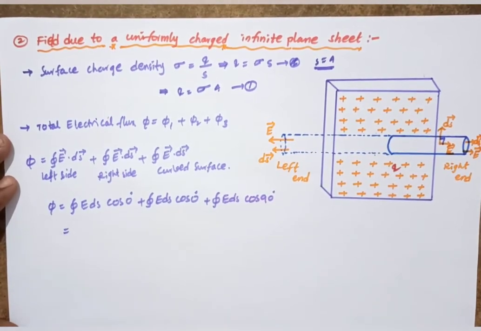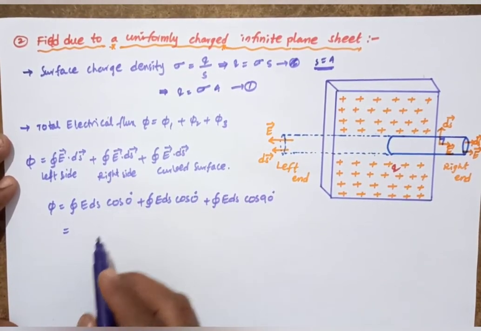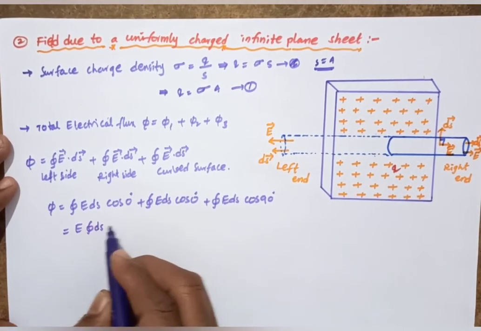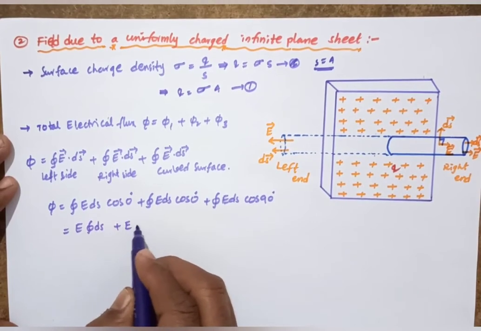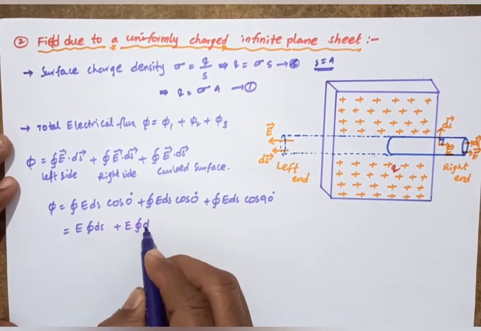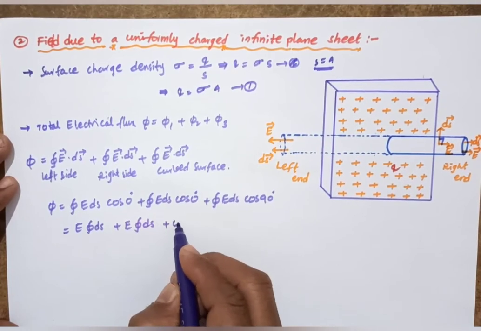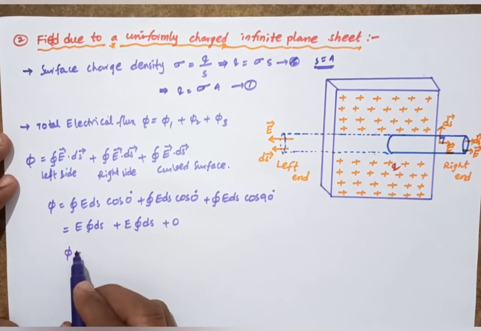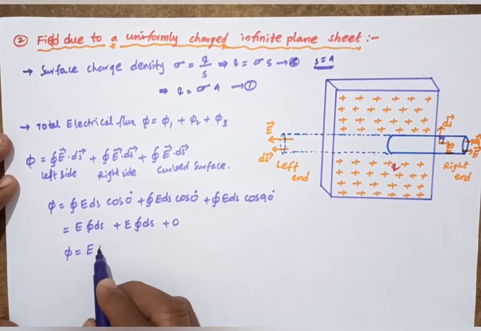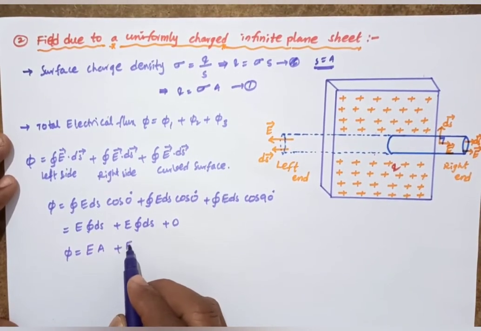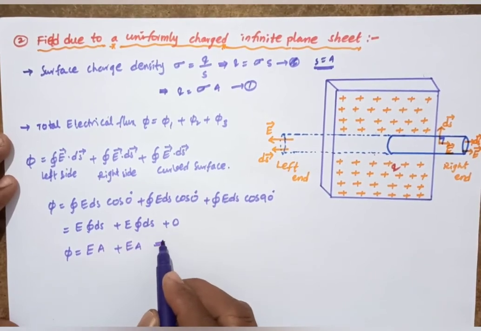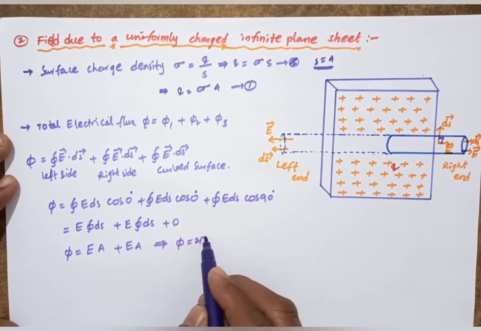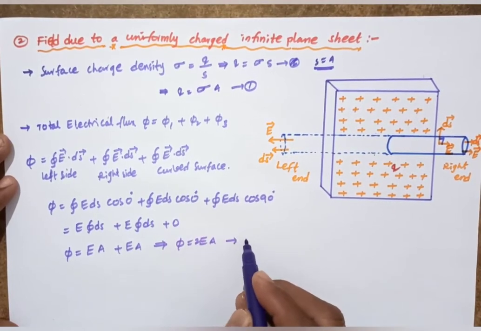Since cos 0 equals 1, phi equals E times the integral of ds plus E times the integral of ds plus 0. So phi equals E into A plus E into A. That implies phi equals 2EA. This is equation number 2.